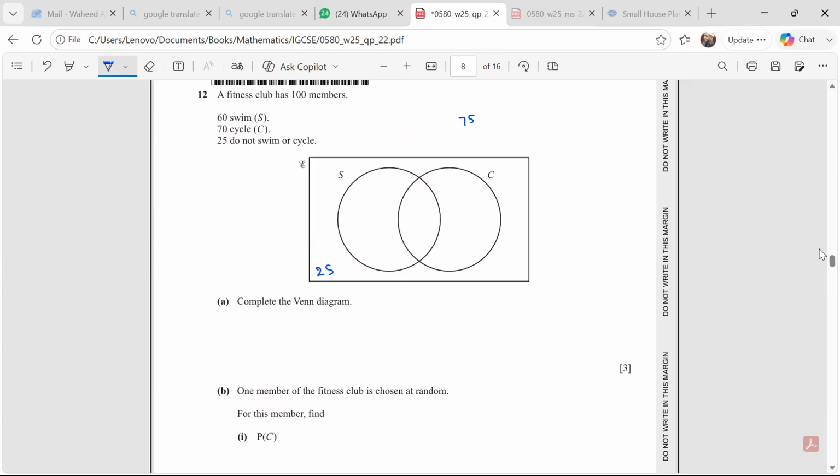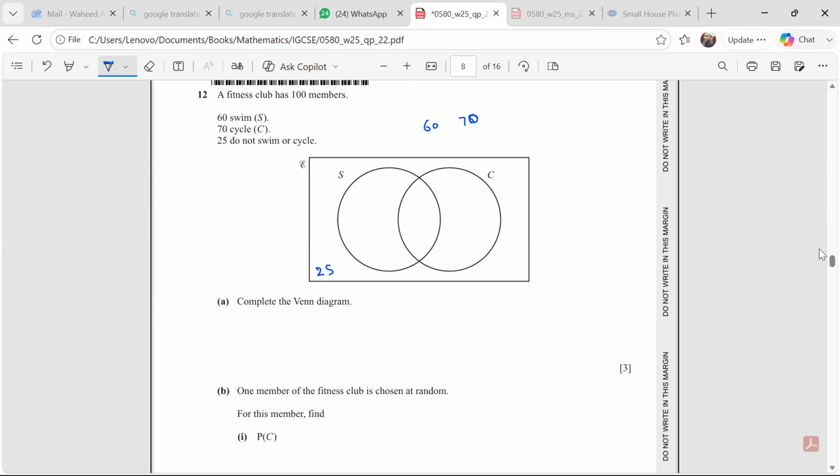So we can say that 70, how should I place 70? 60 are in swimming, right? And 70 are cycling. And combined should be 75 only, right?